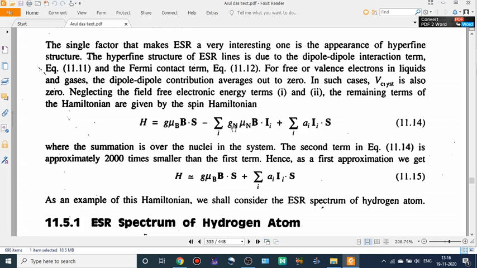The nuclear Zeeman energy term is approximately 2000 times smaller than the first term, so we may neglect this term also.